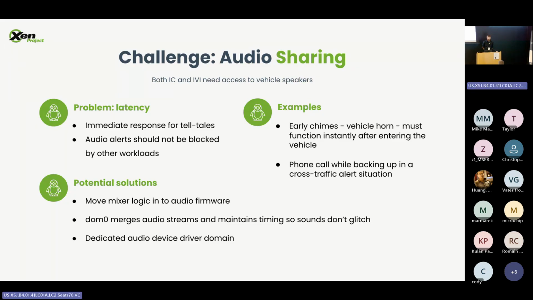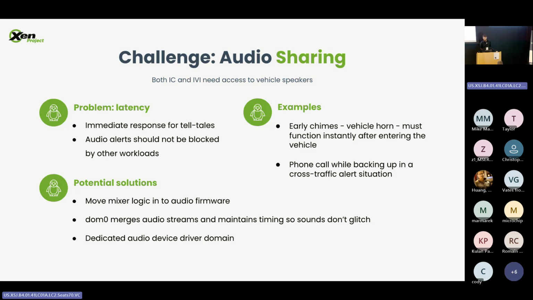Audio hardware is also complicated, so it comes to sharing the same hardware across domains. Some hardware allows updating the firmware for the audio devices. So some of those mixing issues could be mitigated by just updating the firmware. Most likely, it's complicated.